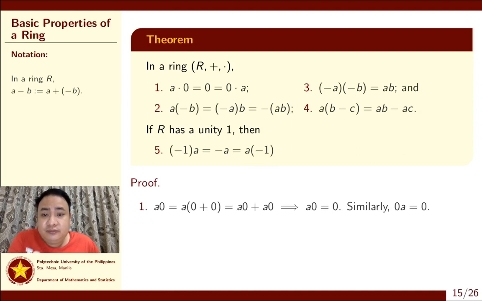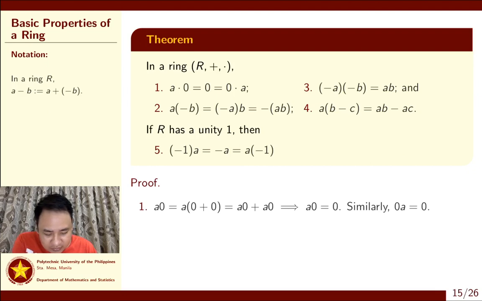So, for the proof, bakit nga ba ang A times 0 ay 0? Well, kasi ang A times 0 can be written as A times 0 plus 0, dahil yung 0 ay additive identity. Now, by the distributive property, you can write this as A times 0 plus A times 0. Question is, why would this imply that A times 0 is 0?